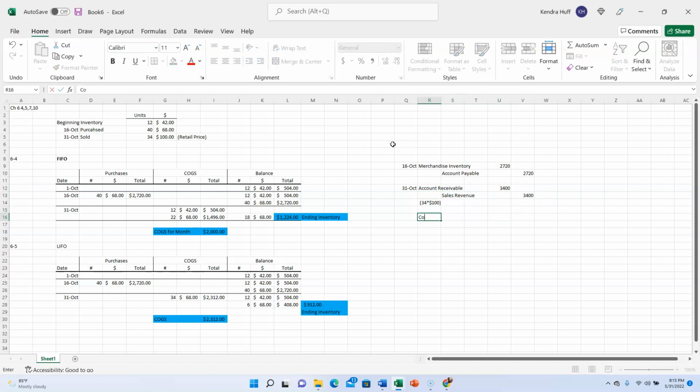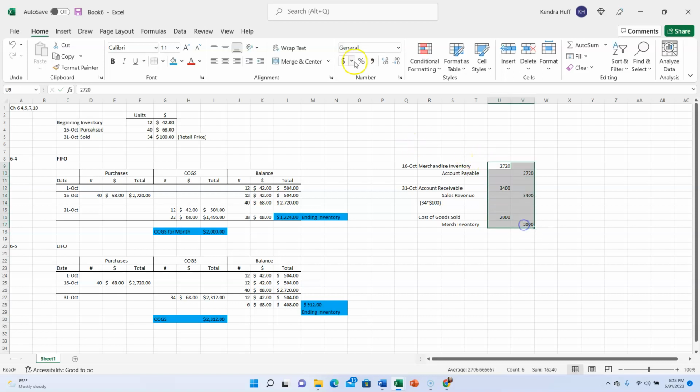All right, and then I'll also have cost of goods sold and out of merchandise inventory for the 2000. All right, now these journal entries are basically the same. All right, these go with number 4.